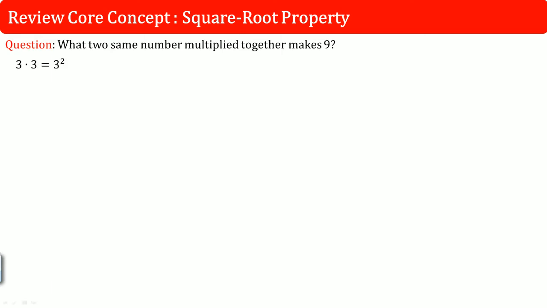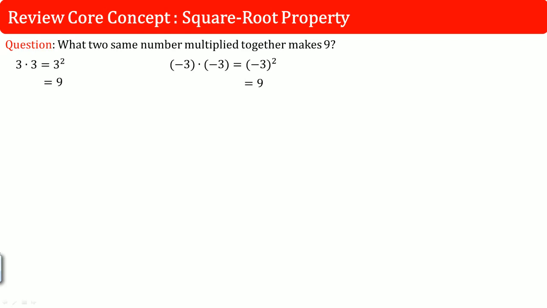What two same numbers multiply together to make the number 9? We can say 3 times 3, or 3 squared, will get us 9, or we can multiply negative 3 times negative 3, which is negative 3 squared. That also equals 9.